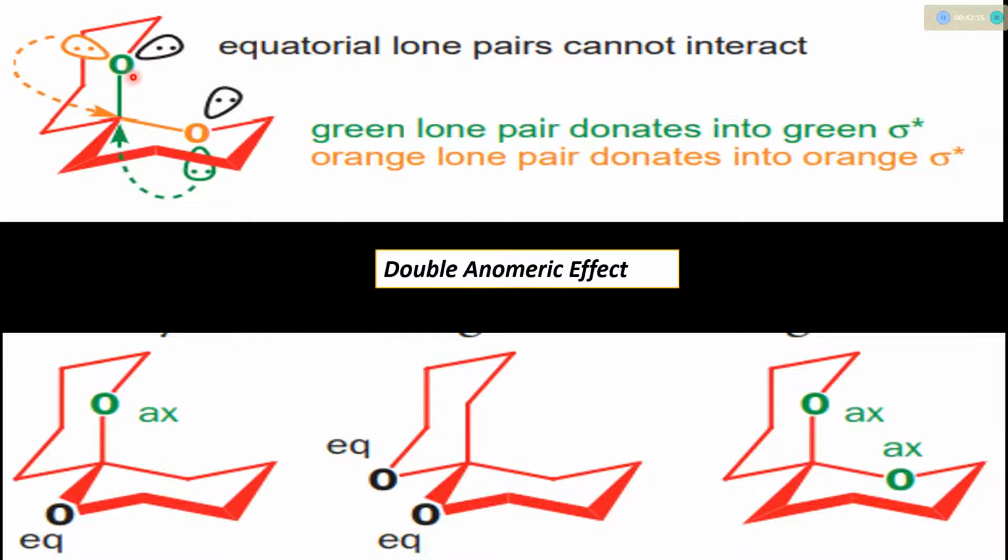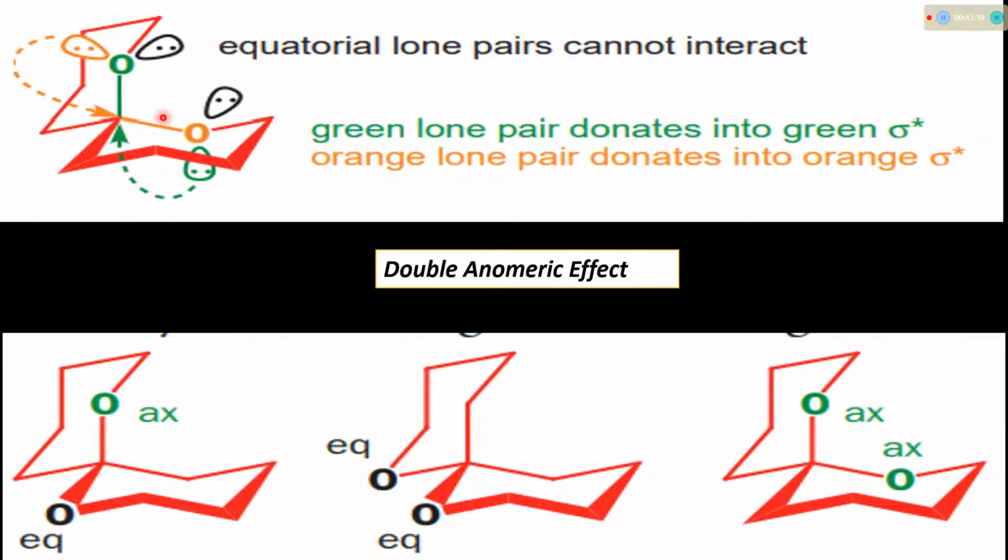The more electronegative, the more chance for that substituent to rest in the axial position. In this case, see, there are two lone pairs. The green lone pair donates electron density to the sigma star of this C-O bond. That's why it becomes stable due to this electron transfer.